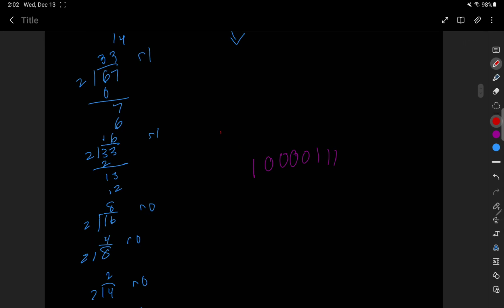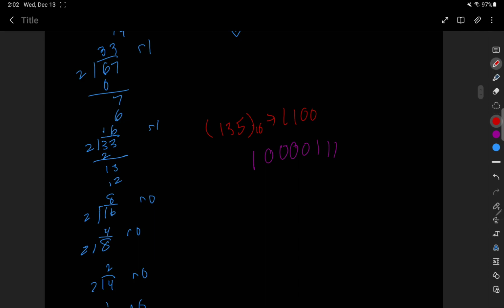To sum it up, 135 in base 10 translates to this number down here in base 2.